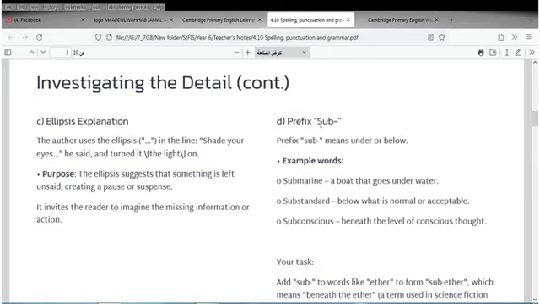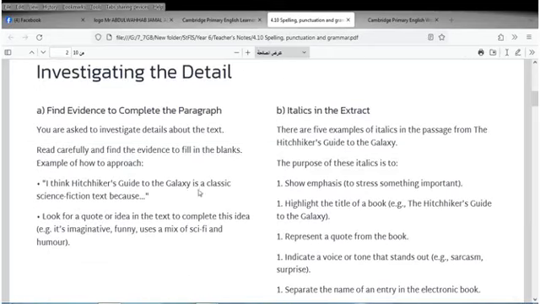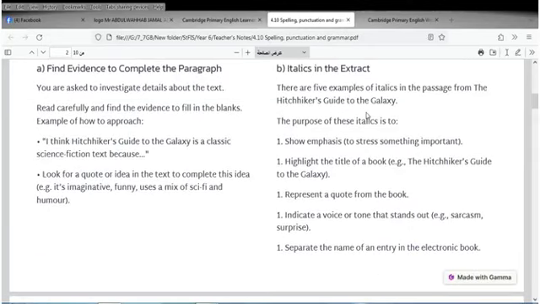So, to wrap up, five usages. One of them, the purpose of using italic: to show emphasis or to stress something important, to create background of the story, to highlight the title of the book, The Hitchhiker's Guide to the Galaxy, to represent a quote from the book. It means direct speech. To indicate a voice or a tone that sounds sarcastic or surprising.